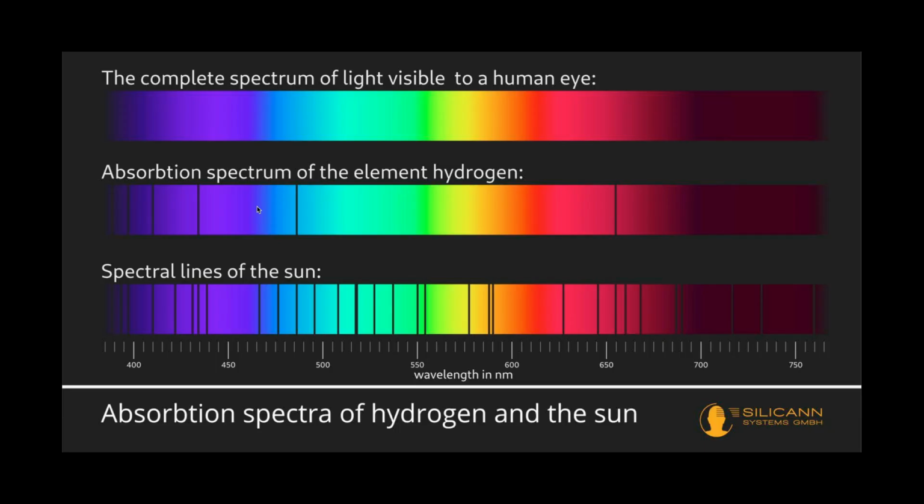Now, spectroscopy and spectroscopes is a whole other topic. There's a lot of history, there's a lot of things I could say, but I just wanted everyone to see the most basic way of explaining this, which is hydrogen, the most basic element that exists, which just has one proton, one electron.